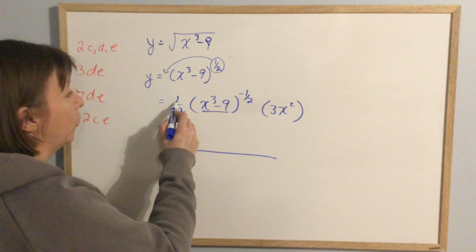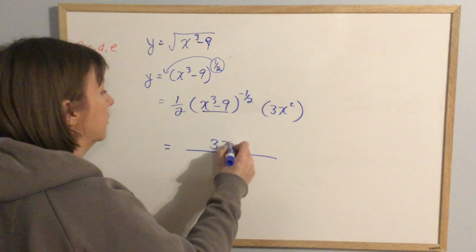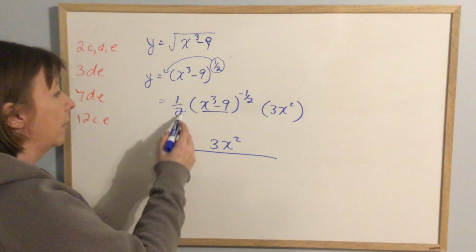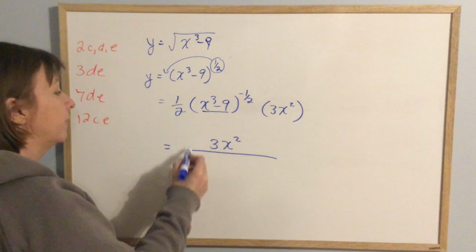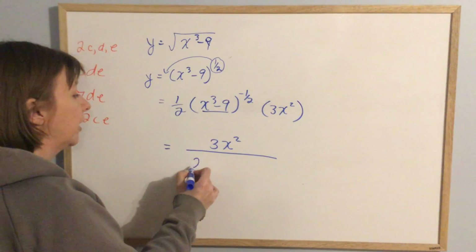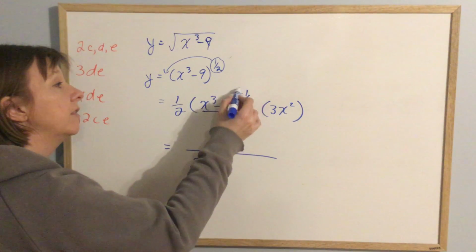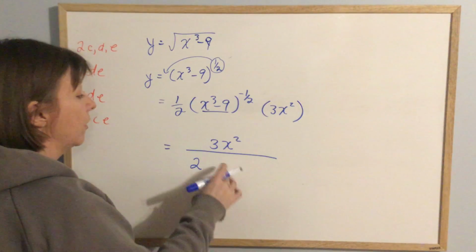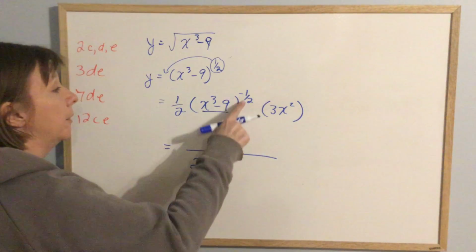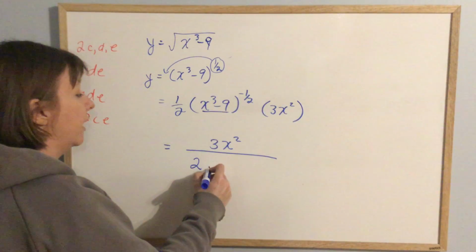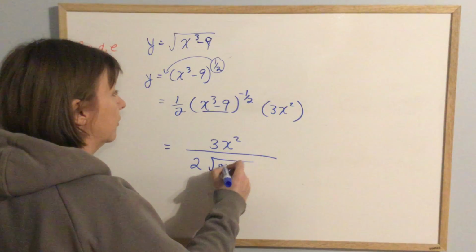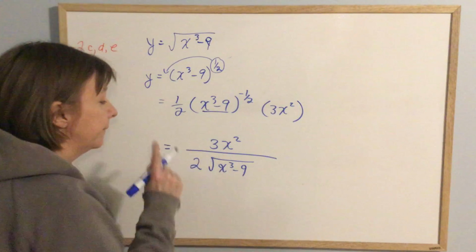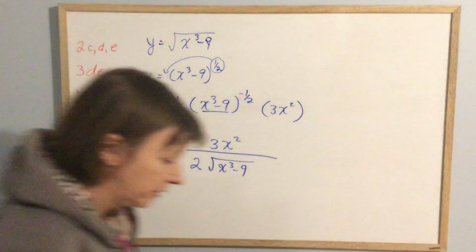On the top we have a 1 and a 3x squared. So the 3x squared can go on top. On the bottom we have a 2 because it's on the bottom of the fraction. And because this exponent is negative, it is also on the bottom. But because it's to the 1/2, that just means the square root. This is where I would leave it.